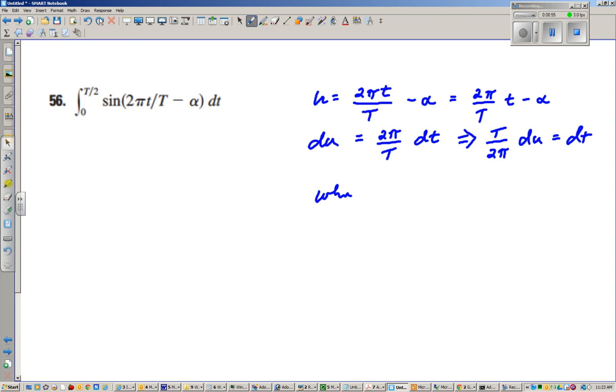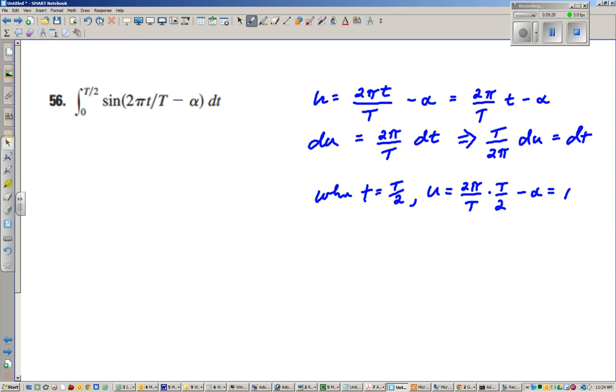Before I do that, let's consider our upper and lower limits. So when my upper limit is T over 2, when little t in the t problem is big T over 2, using my first line, my u translator, wouldn't u equal 2 pi over T times little t, which now is T over 2, subtracting alpha? And won't the big T's cross?